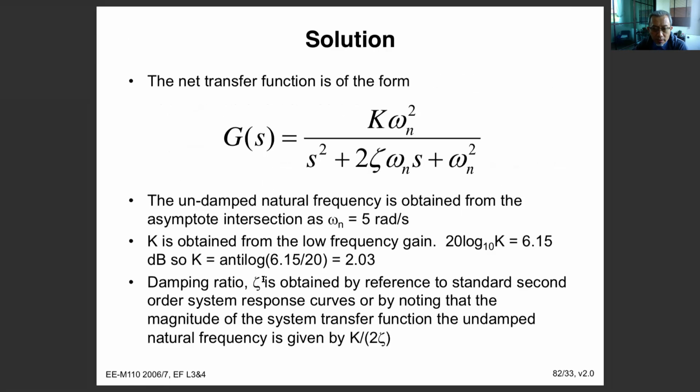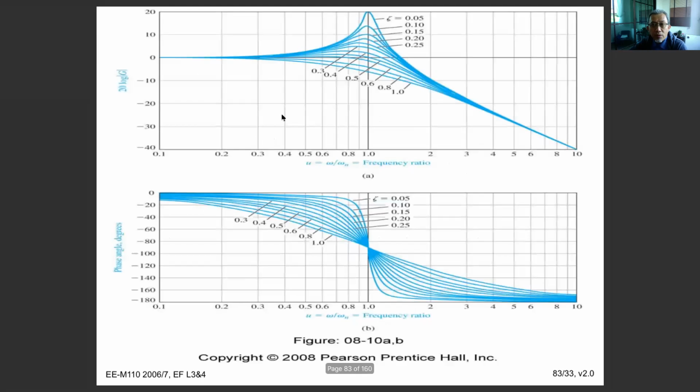The damping ratio zeta is obtained by comparing this magnitude curve versus frequency with the standard second order system curve, which is here. This is a standard second order curve, which has different values of zeta, from 0.05 until 1.0.